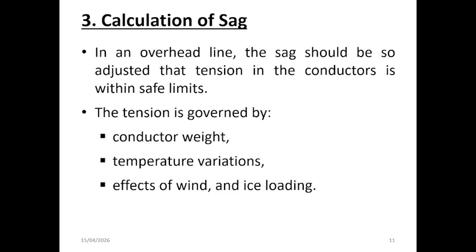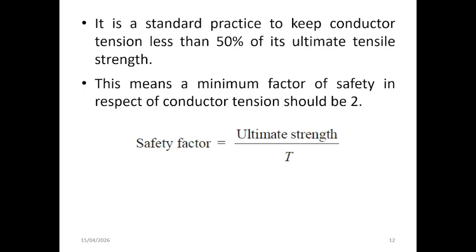Okay, this slide highlights an essential design rule in overhead transmission lines regarding the mechanical safety of conductors. In practice, the conductor tension is intentionally limited to less than 50% of its ultimate tensile strength to ensure safe and reliable operation under varying environmental and loading conditions such as wind, ice, and temperature changes.